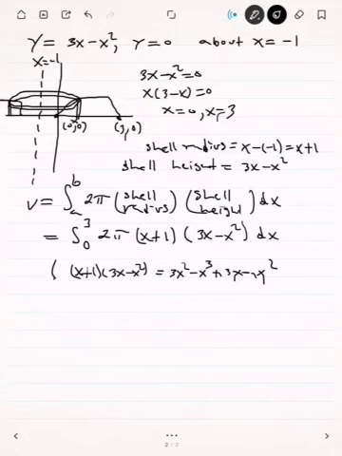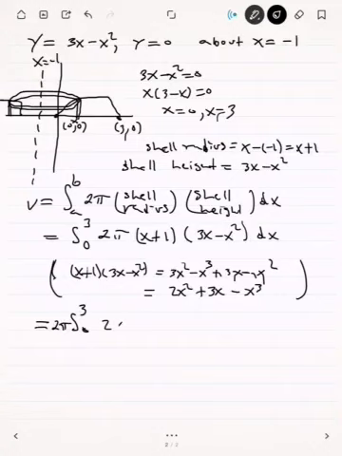And then that equals 2x squared plus 3x minus x cubed. So I put that in parentheses and I'll put the equals over here. So this is going to be the integral from 0 to 3. You can bring the 2 pi out and then integrate 2x squared plus 3x minus x cubed with respect to x, like this.